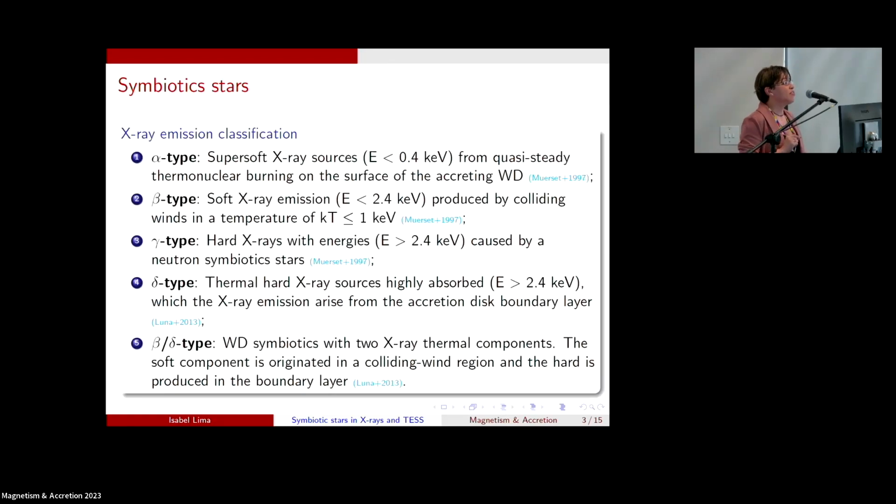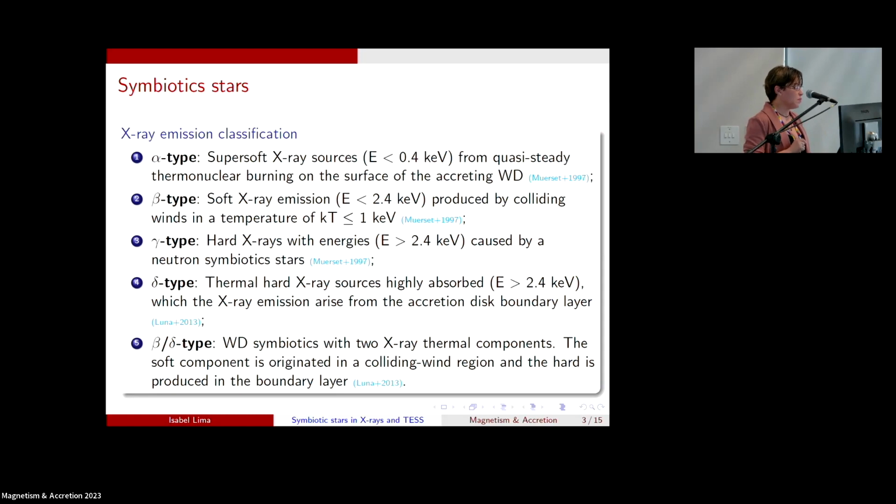In terms of X-ray classification, symbiotic stars can be classified as alpha, beta, gamma, delta, and beta-delta type. Alpha types are super soft sources, and the X-ray emission comes from the quasi-steady thermonuclear burning on the surface of the white dwarf.